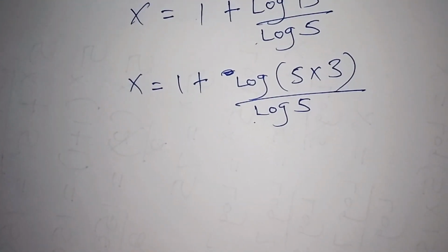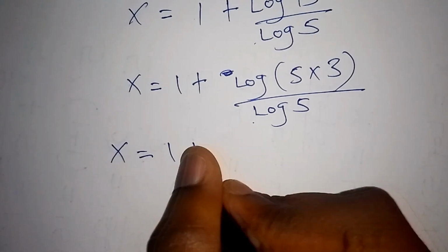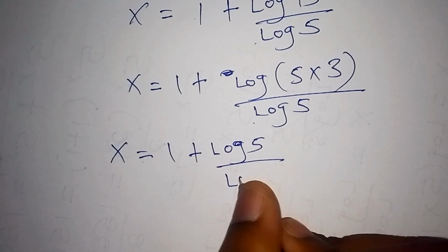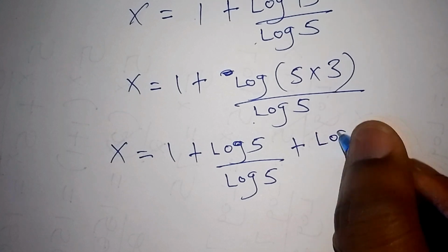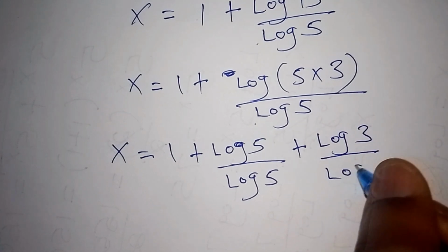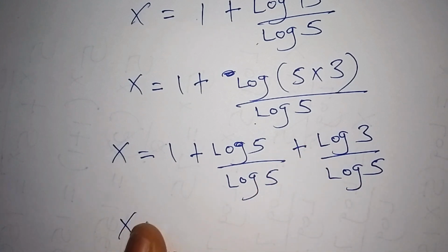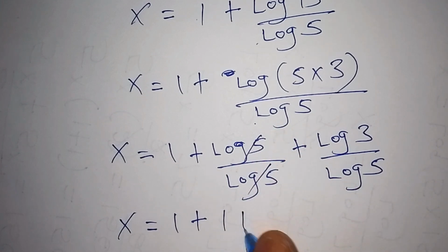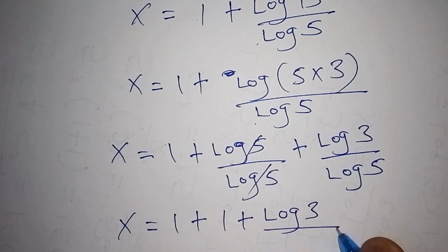We split them: the log of 5 all over the log of 5, then the sign changes to addition, plus the log of 3 all over the log of 5. As usual, the log of 5 and the log of 5 cancel, so x is equal to 1 plus 1, then plus the log of 3 all over the log of 5.